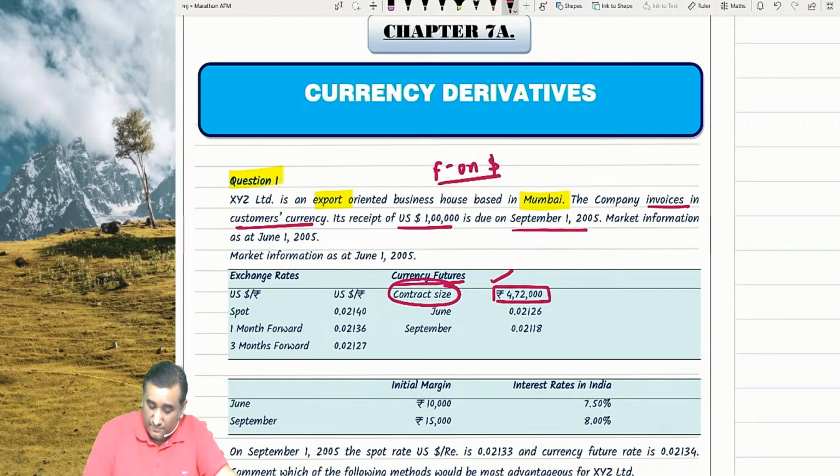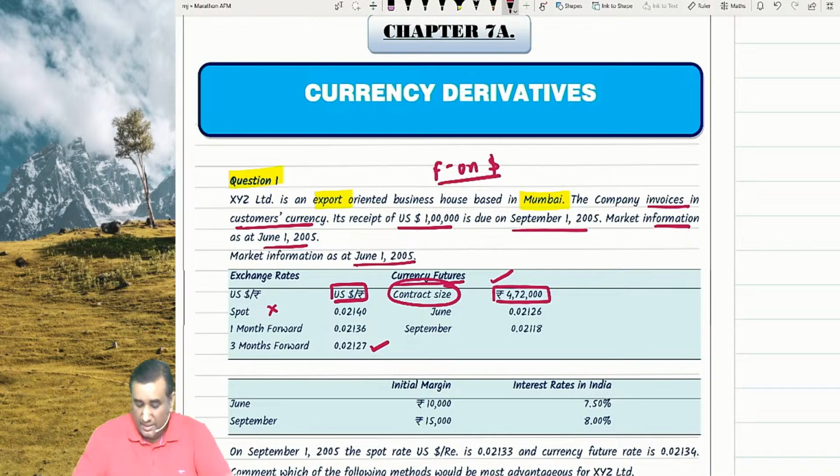September 1, 2005. Market in 1. And 1 we are standing. What is the rate of 1 to 7 by months that he has given for dollar? Whenever the question comes, the first thing you should do is this. You are standing in June, so how many months forward do you need?